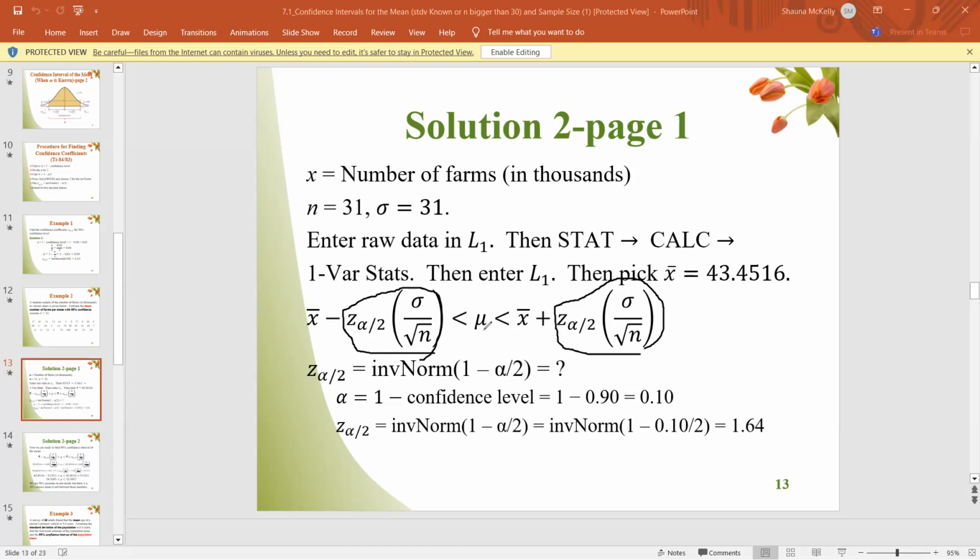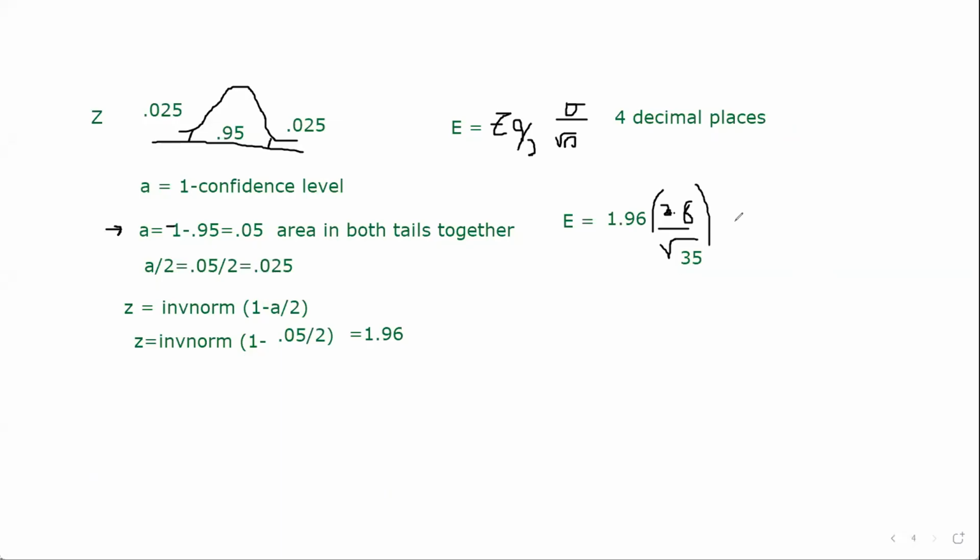Okay, so let's go back to our whiteboard here. This was 0.9276. Now we're going to form our intervals.